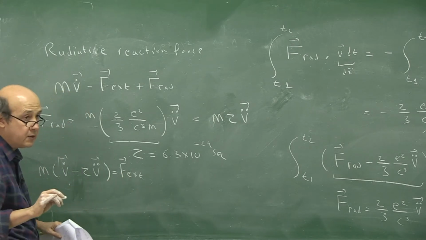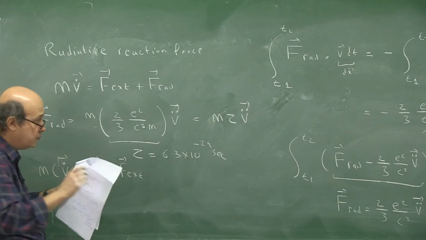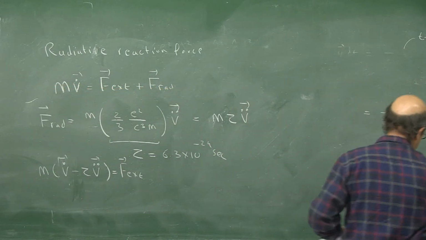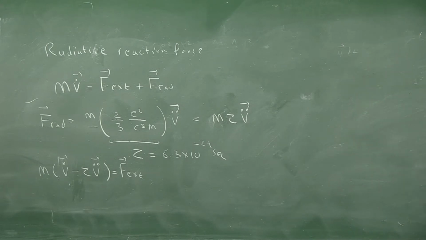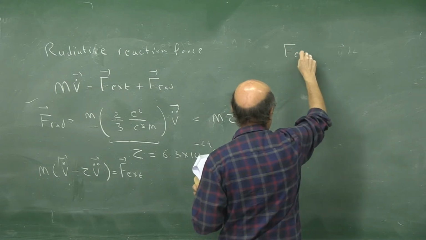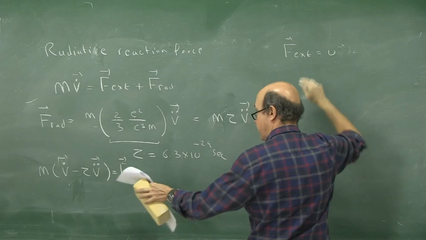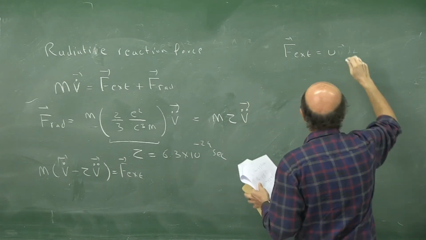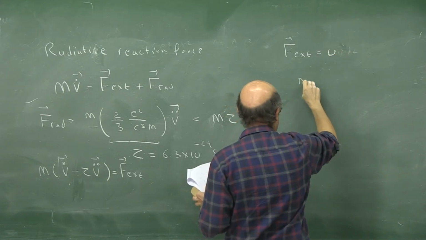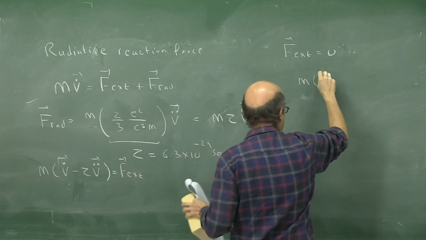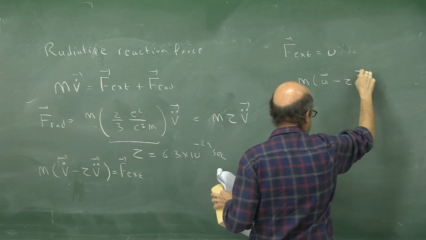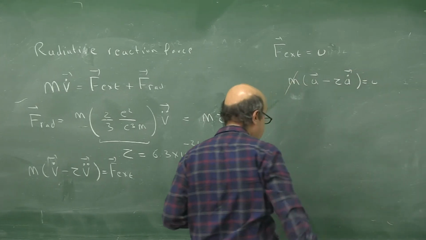What happens if there is no external force? If you don't apply an external force, this formula tells you there are two solutions. If the external force is 0, this formula tells you that mass times acceleration minus tau times the derivative of the acceleration has to be 0, and we can cancel the mass.